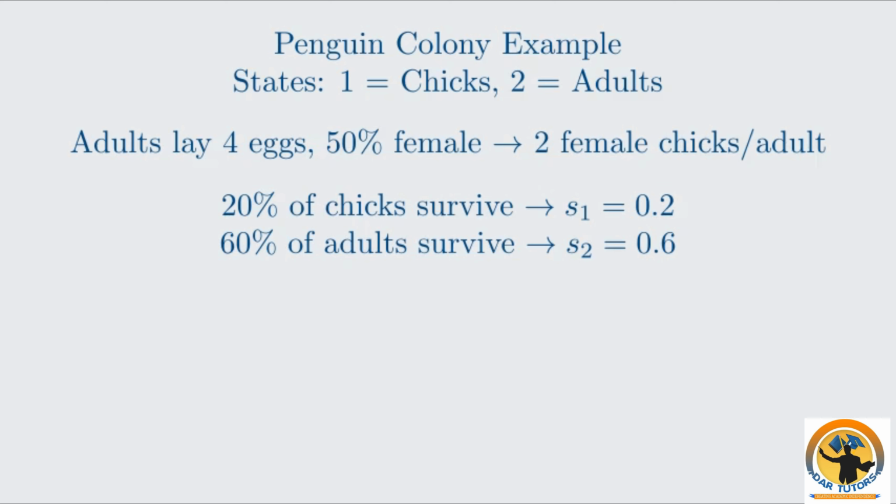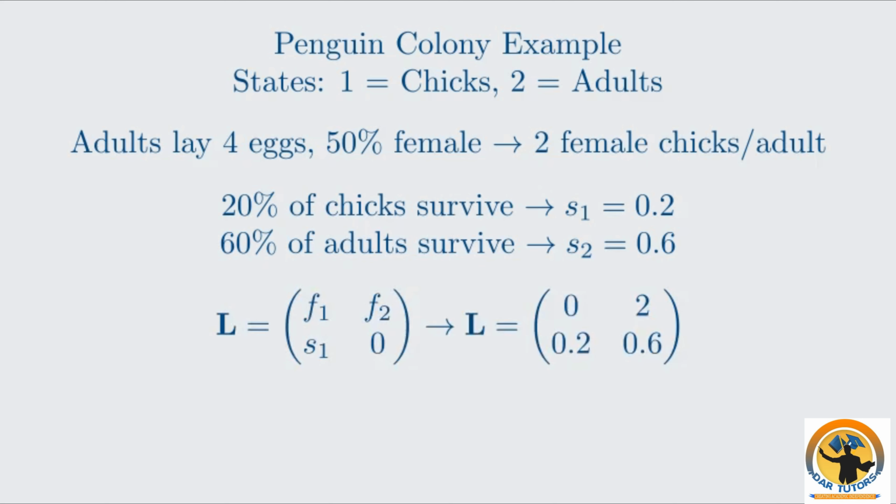With this information, we can construct the 2x2 Leslie matrix. The fertility rates go in the first row. Chicks are age group 1, so F sub 1 is 0. Chicks can't lay eggs. Adults are age group 2, so F sub 2 is 2. The survival rate S sub 1 goes in row 2, column 1, and S sub 2 goes in row 3, column 2.